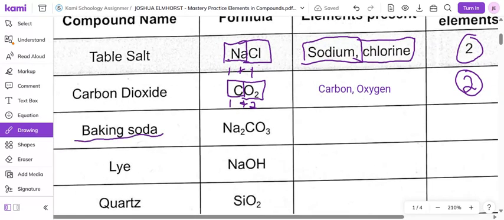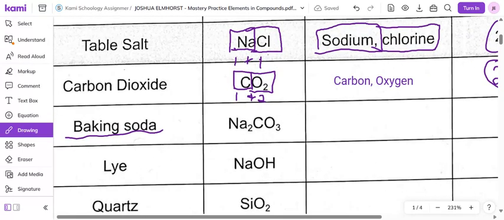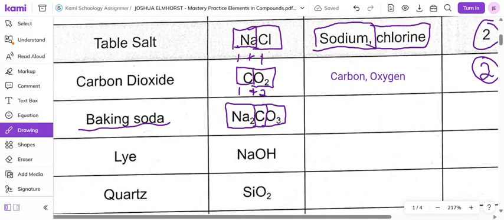So looking at baking soda, it is made up of sodium, carbon, and oxygen. So we have 3 capital letters, and then capital N with lowercase a is going to go together. Na is 1 element, and then there's 2 of them with the subscript.